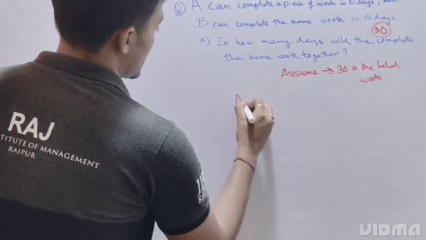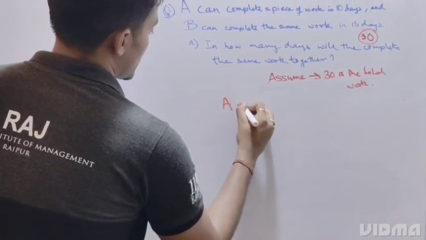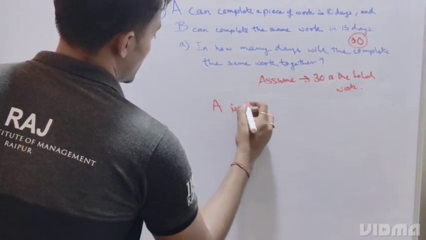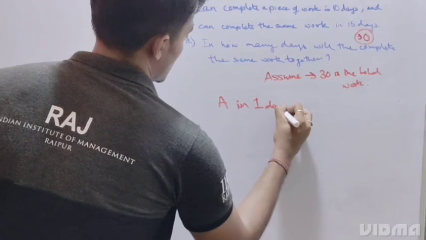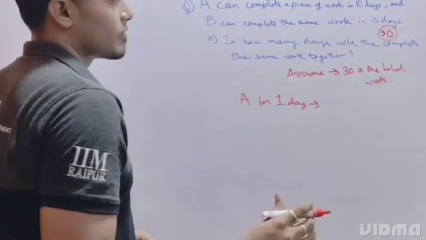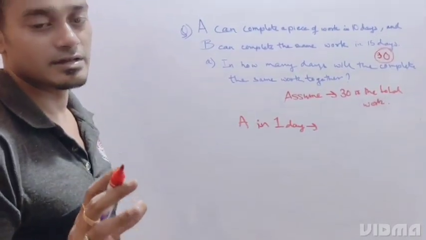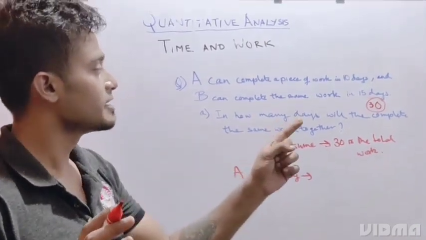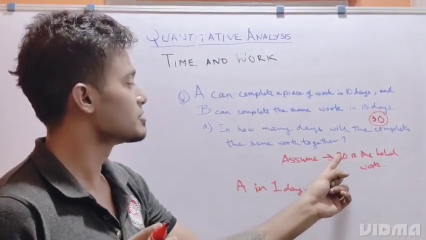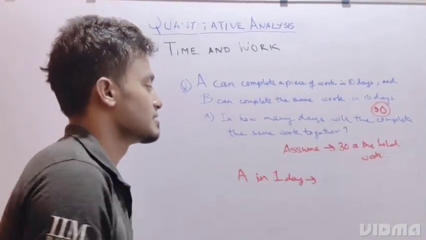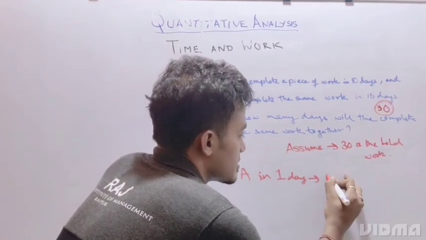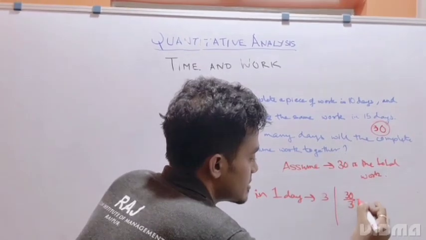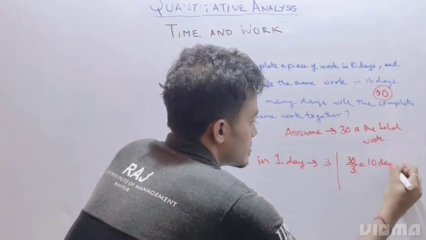So A in one day, how many units of work will A do to complete this 30 units of work in 10 days? 3. Why 3? Because 30 divided by 3 is equal to 10 days.